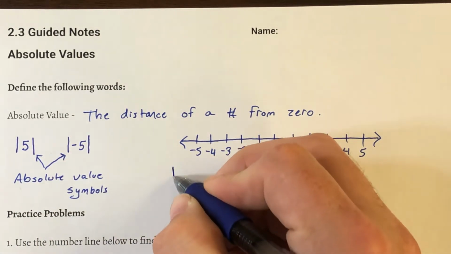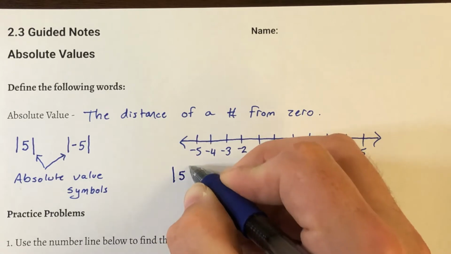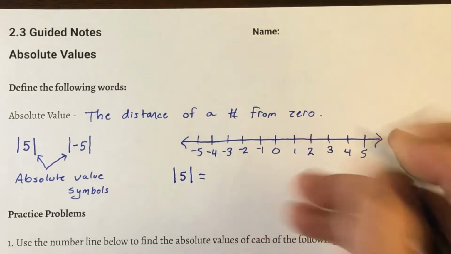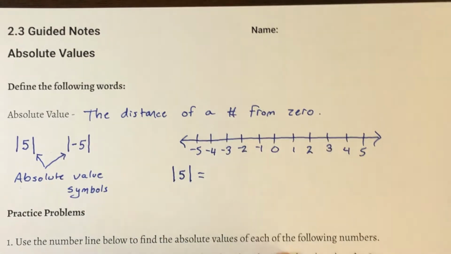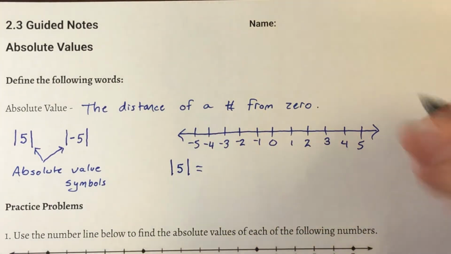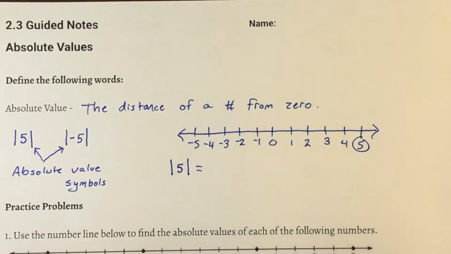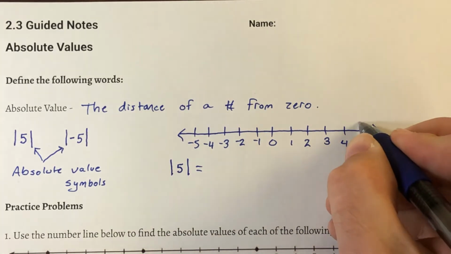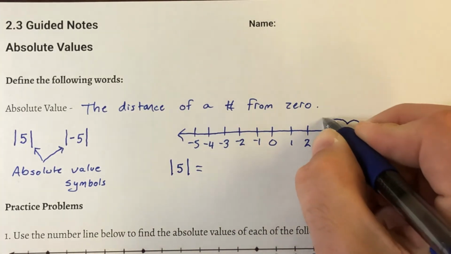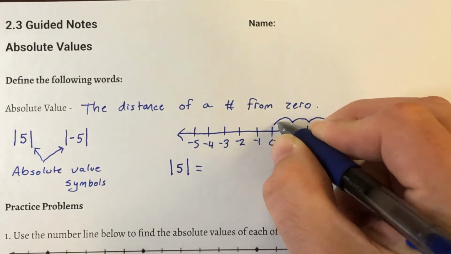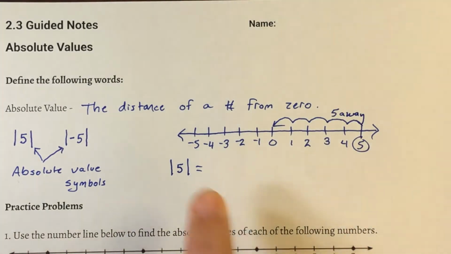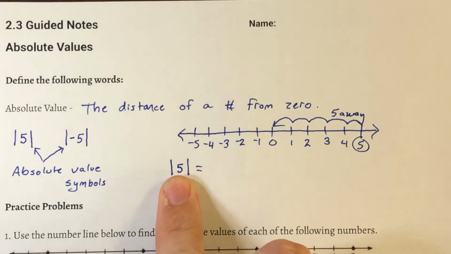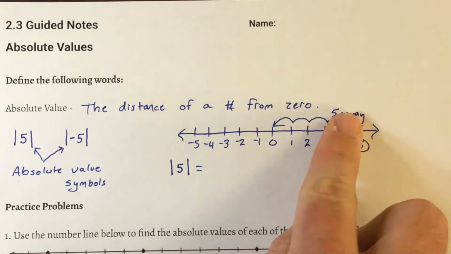So our first one, absolute value of 5. Again, we're asking what is the distance of that number from 0? So if I find 5 on my number line, and I count how far it is from 0, well, it'd be 1, 2, 3, 4, 5 away. So the absolute value of 5, or how far is it from 0? Well, it's 5 away.